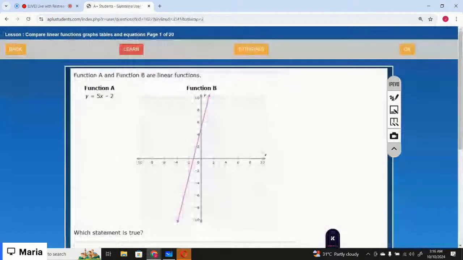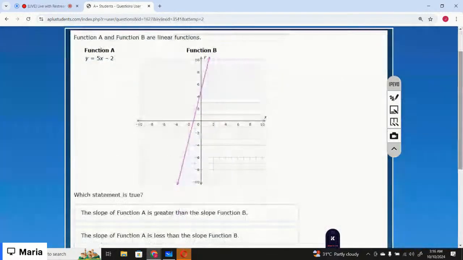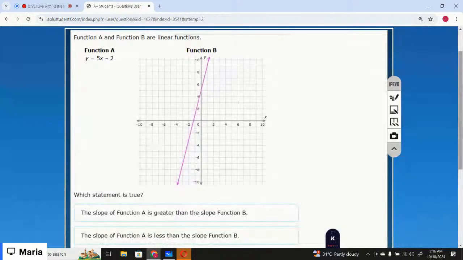Okay. Function A and function B are linear functions. Function A is 5x minus 2 and function B is shown. So again the question is about the slope of function A. So basically you have to calculate the slopes of the functions, right?